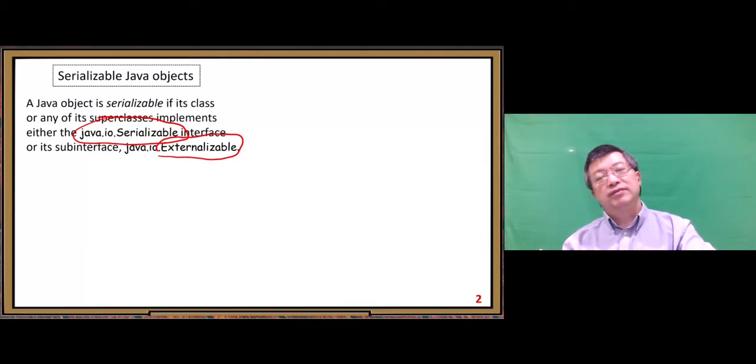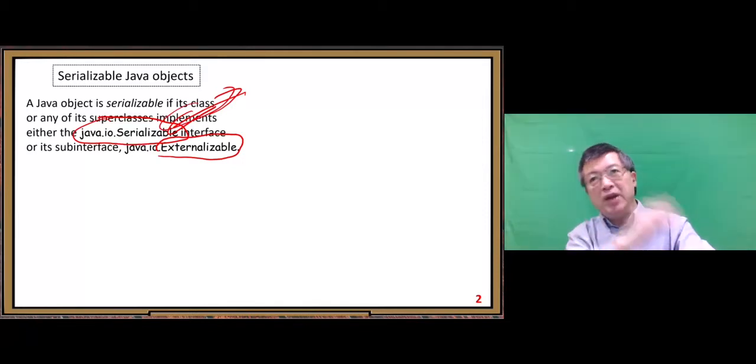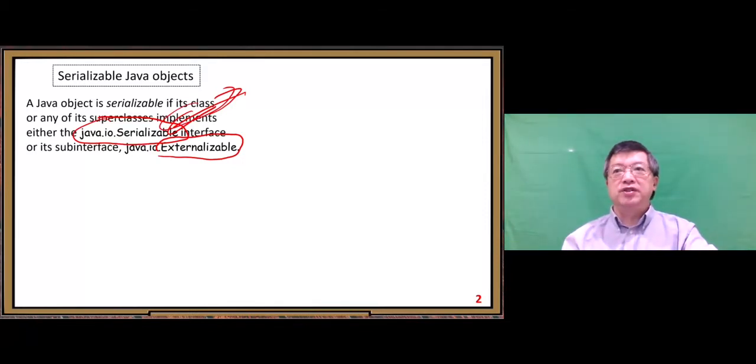All right, so that's the definition. That's the requirement to make a Java class serializable. But most of the time, we use the Serializable interface. Later, I will explain the Serializable interface.